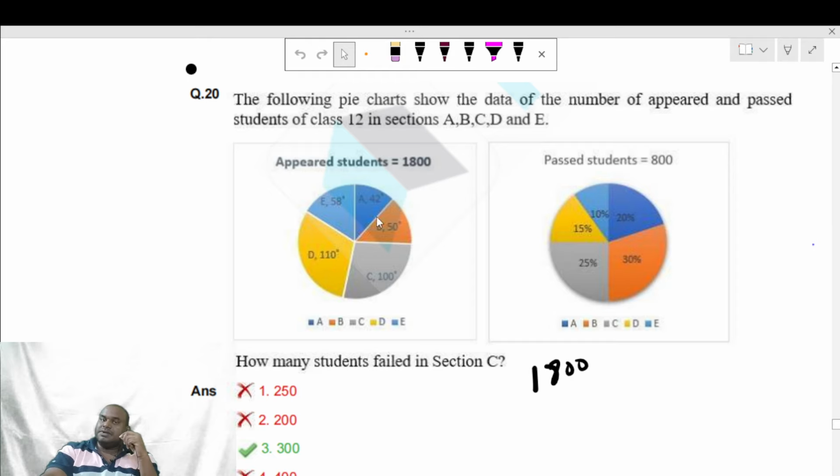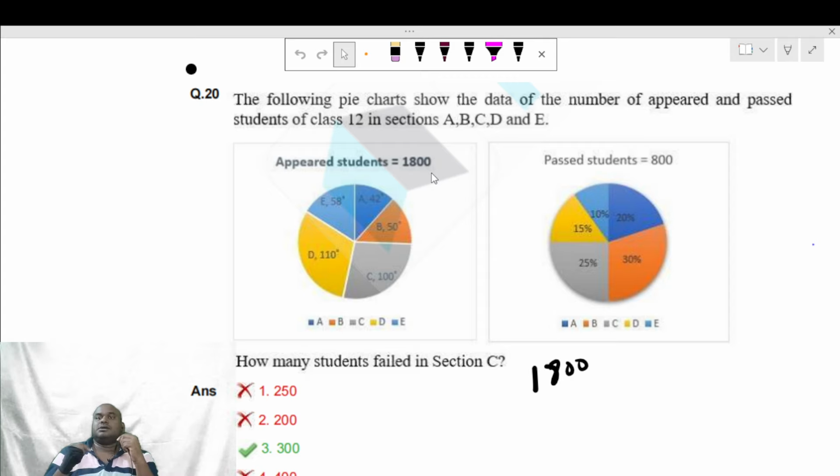But we know a circle has 360 degrees for a complete circle. If 360 degrees is responsible for total 1800 appeared students, 100 degrees is responsible for how many students? Calculated as 500. These 500 students appeared from section C in the exam in class 12.